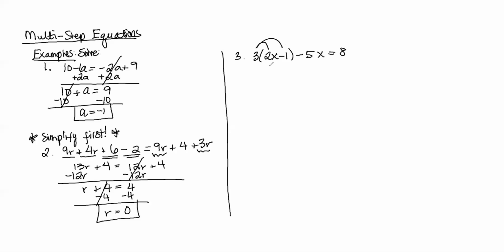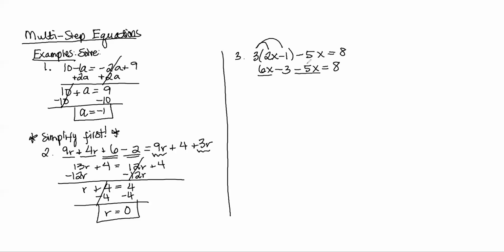So 3 times 2x gives us 6x. 3 times negative 1 is negative 3. Remember to keep your signs straight with these. And the 3 doesn't get distributed to this term over here, so we still have minus 5x equals 8. And we're not done simplifying. Let's combine like terms.